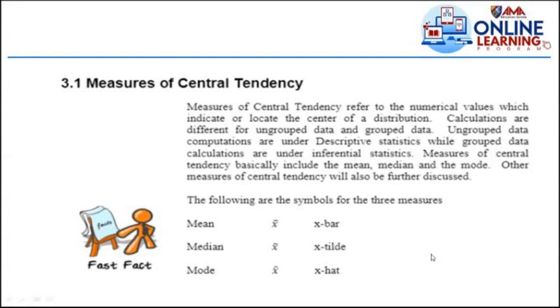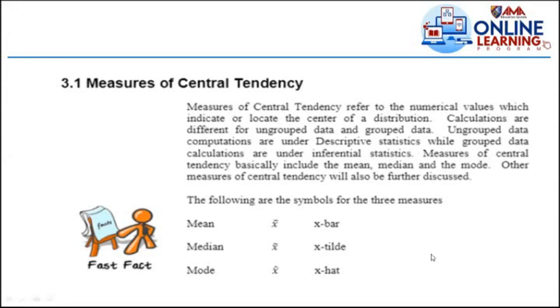Measures of central tendency basically include the mean, median, and the mode. Other measures of central tendency will also be further discussed.